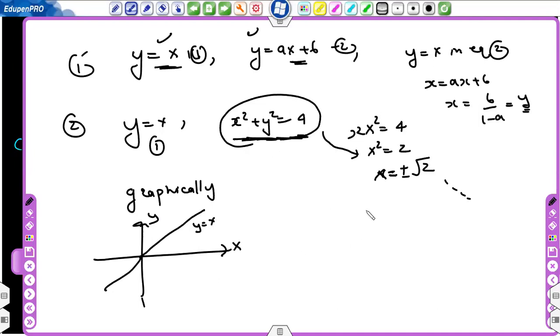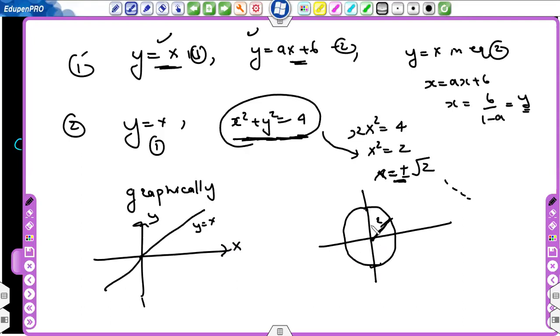And this is a circle with some radius r. The solution, the value of x and y, is nothing but the intersection point of these two curves.